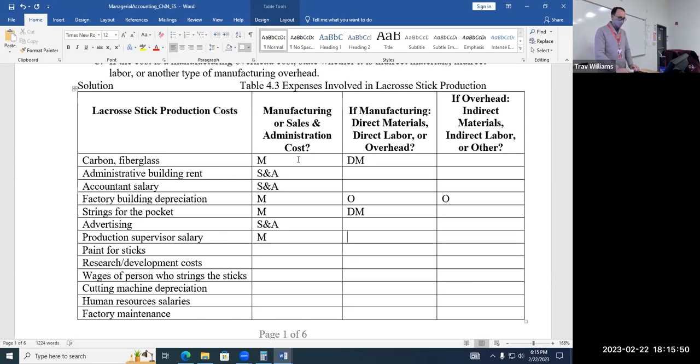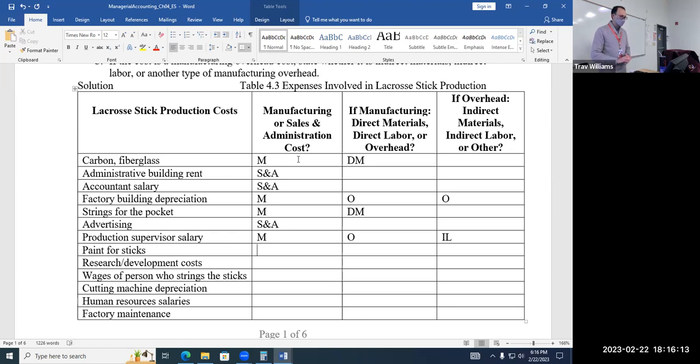Overhead, correct. Because the production supervisor is not making the product, we don't count their salary as direct labor. In fact, we would consider it indirect labor.